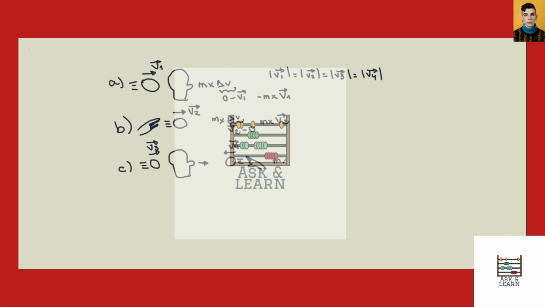And then in the third case, it's also m times delta v, and here we have something interesting. The final velocity v4 minus v3. If we were to just subtract one from the other, we would get 0 over here.